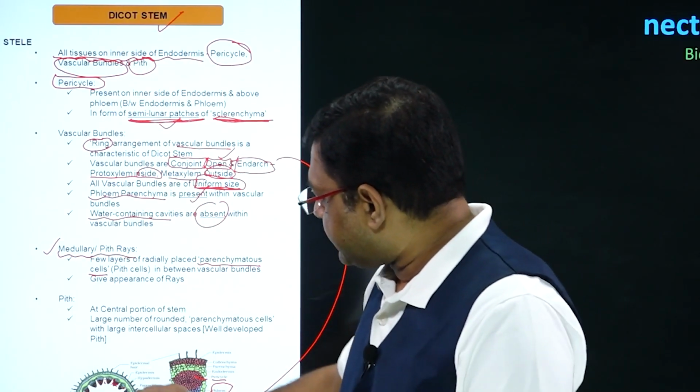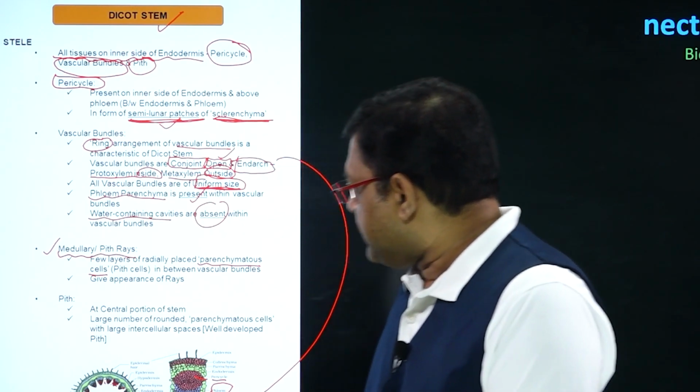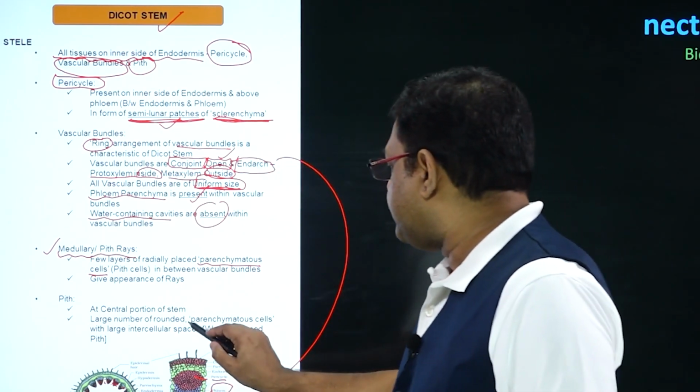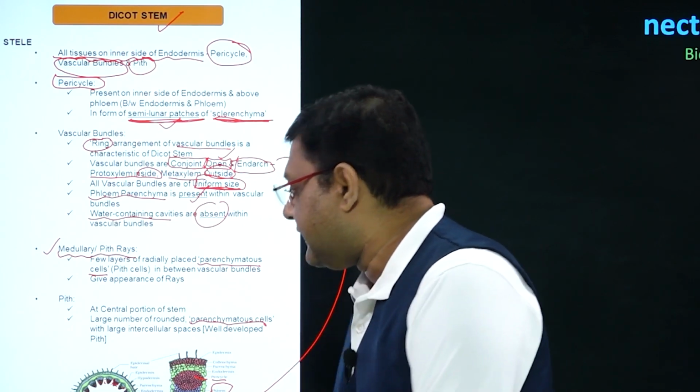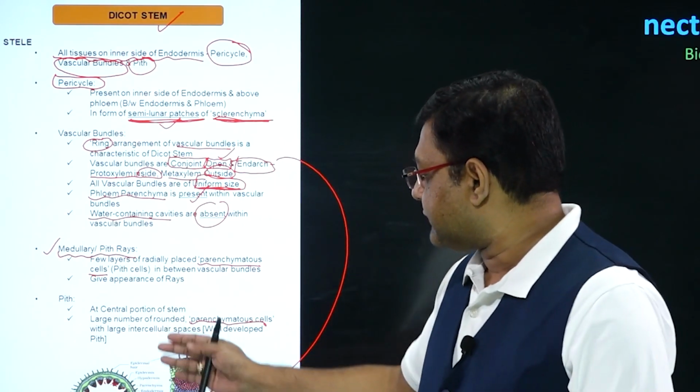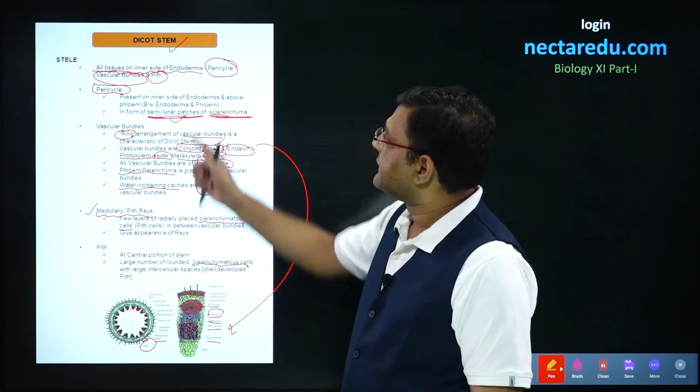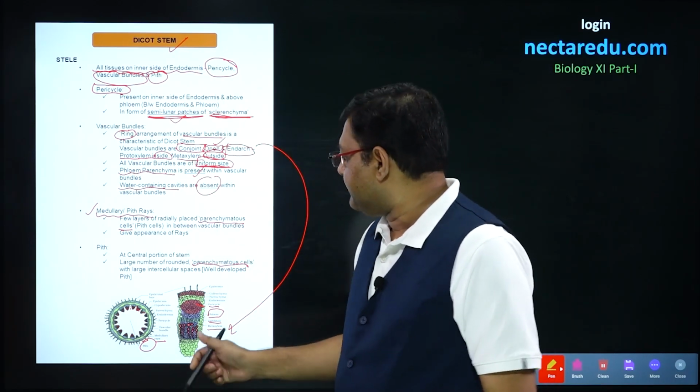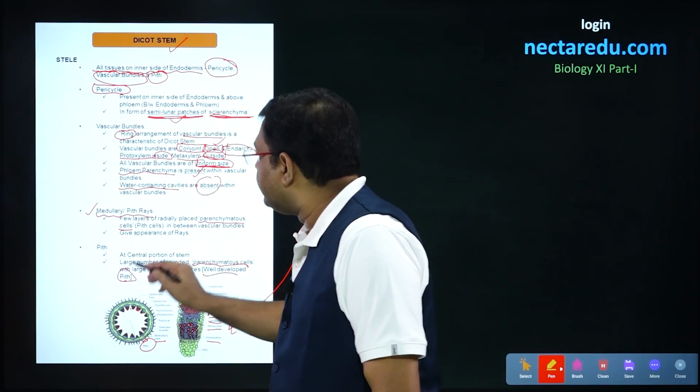The last or the central part is the pith. This pith also has parenchymatous cells and it has large intercellular spaces. So we can say that in the case of dicot stem, a well developed pith will be present.